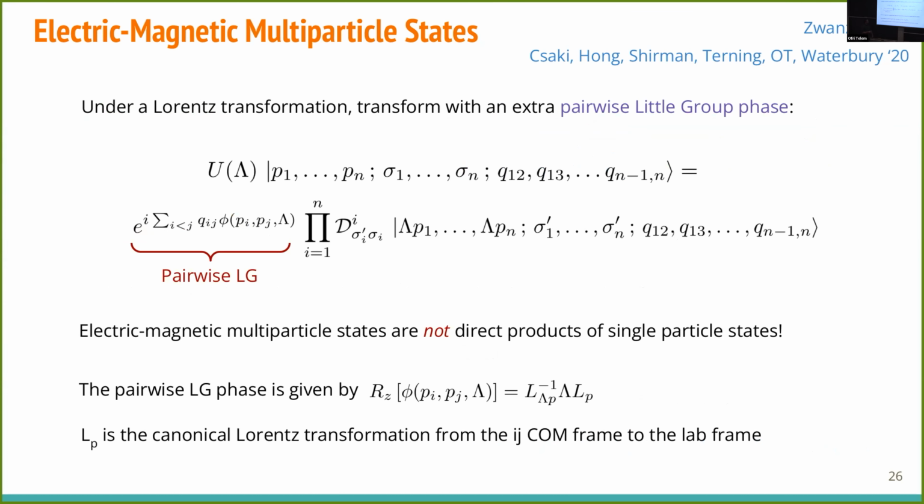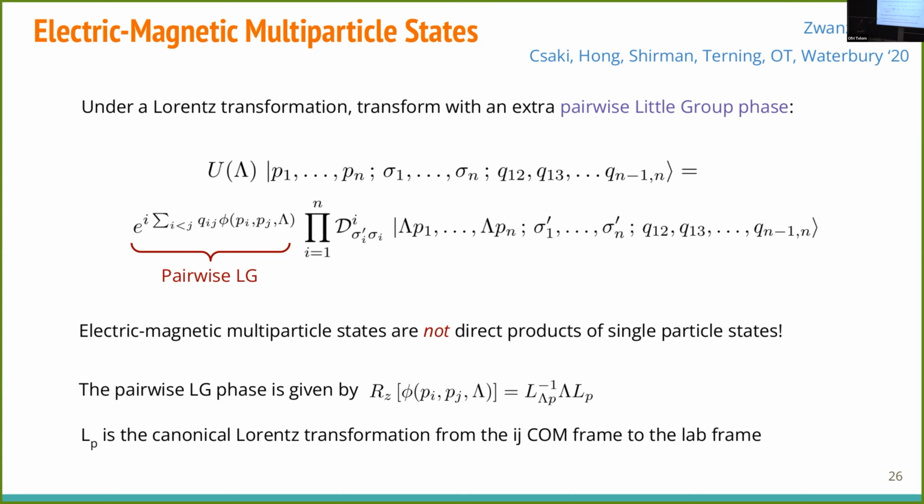So how do these things transform? I told you that they have extra labels. These extra labels have an effect when you act on it with the unitary representation of the Lorentz transformation. In addition to the single particle matrices and phases, I have a sum here over the pairwise helicities times the little group phases, which we have a formal definition of.